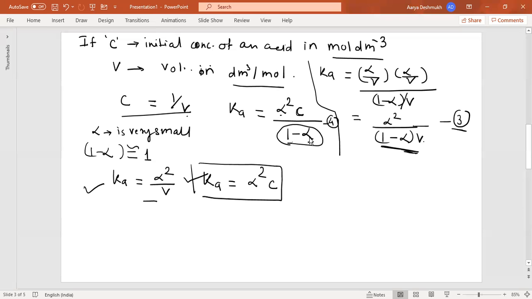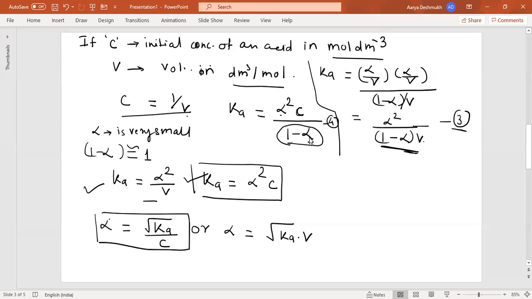Now both these equations can be rearranged in terms of alpha. So alpha equals, instead of alpha square, under root of Ka divided by C, or alpha will be equal to under root Ka into V. So we got these two equations in terms of alpha.